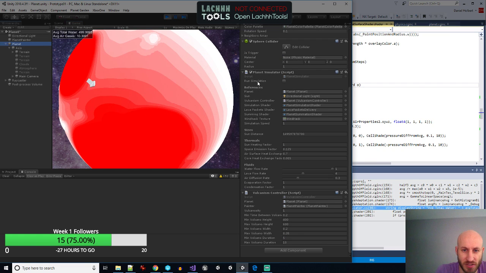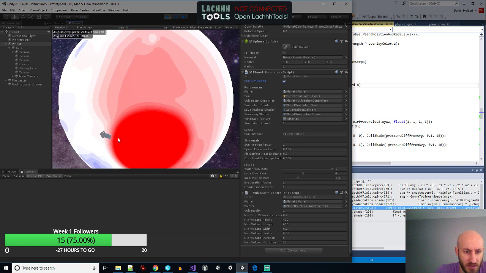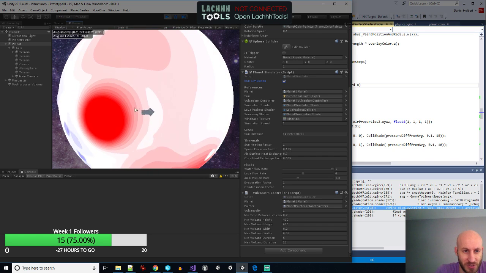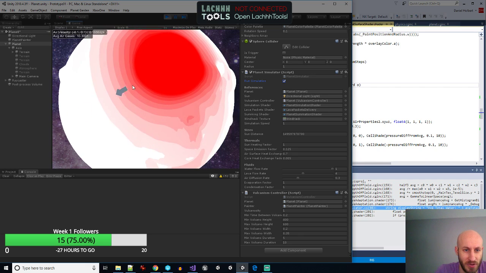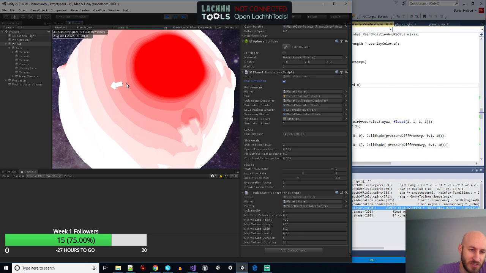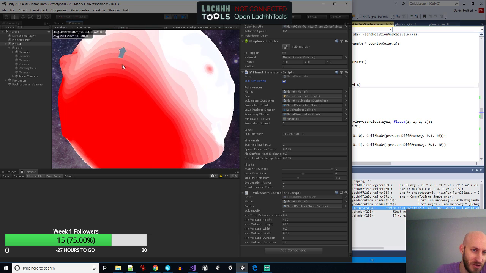But if we go ahead and start the simulation, it's all looking pretty good, and it looks cool to see the pressure diffuse around until a new volcano appears. This one, I don't know if it's growing or shrinking really. This one is obviously a new one here that just spawned in.